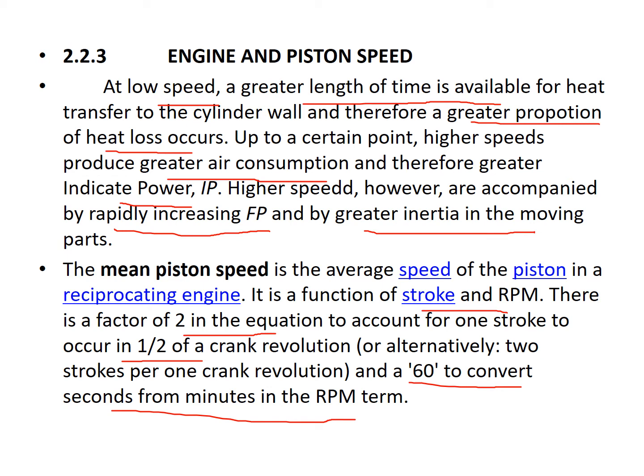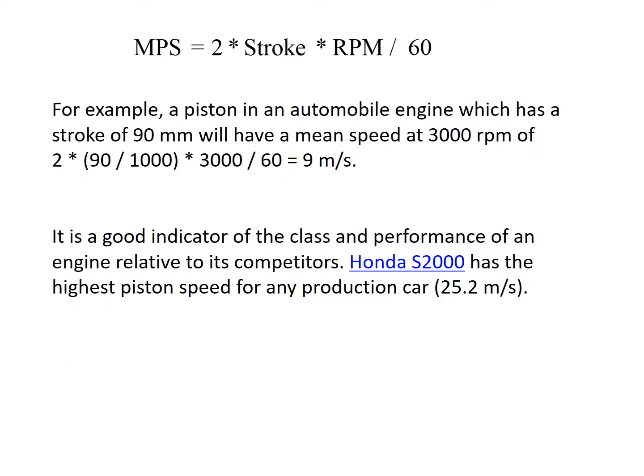So this is how you find mean piston speed: mean piston speed is 2 times stroke times RPM divided by 60.